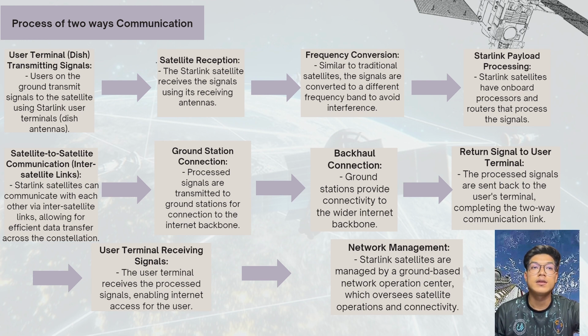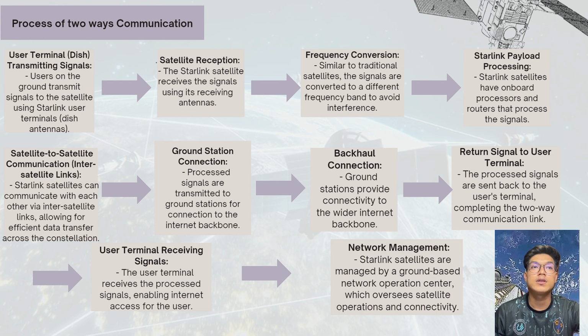And third is return signal to user terminal. The data processed and transmitted by the ground station is then sent back up to the Starlink satellite. From there, this is relayed back down to the user terminal, completing the two-way communication link.